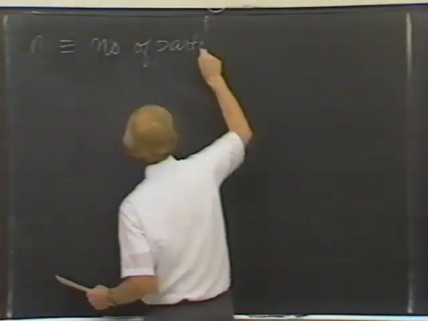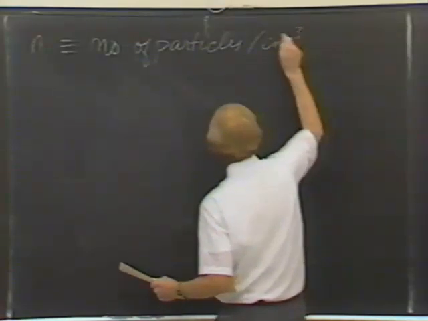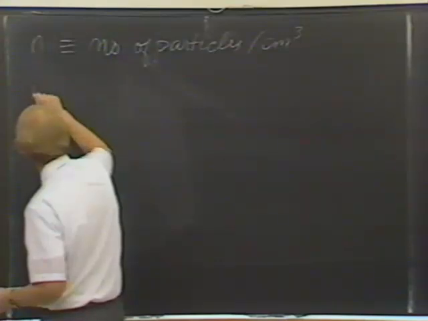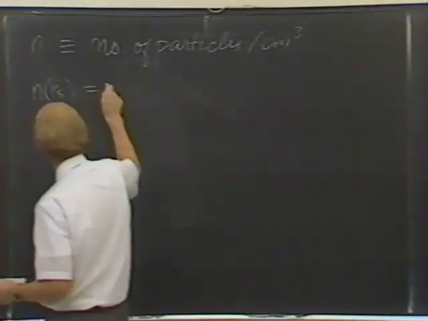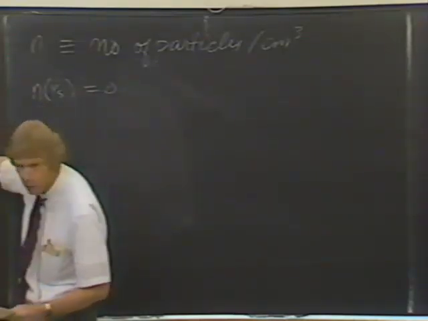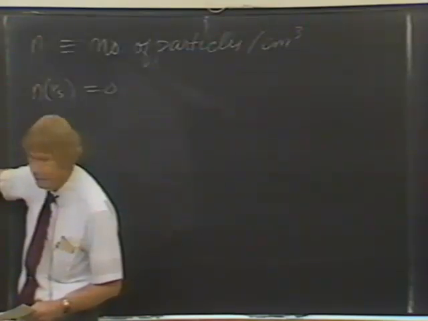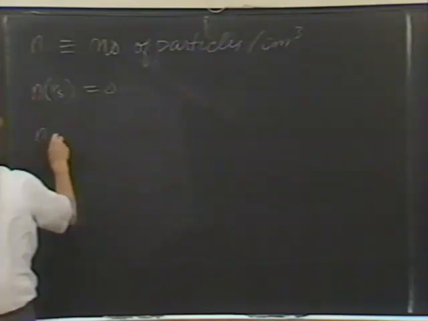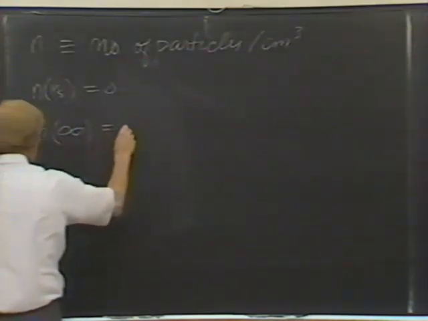I'll use cubic centimeters. And we can say that n at r sub s is equal to 0. That is, the closest a particle can be is 2r, right? We're talking about the distance between the centers. So the number at r sub s is equal to 0, and the number at r equals infinity is equal to n0. That is the ambient, the average concentration throughout the system.